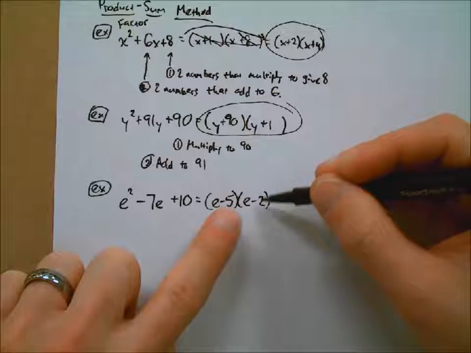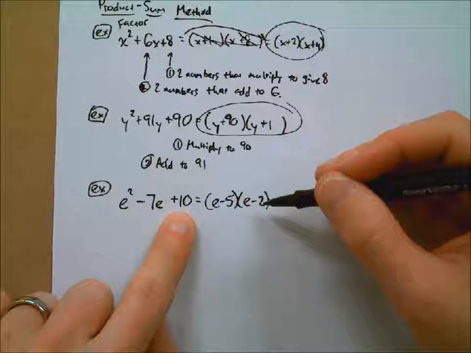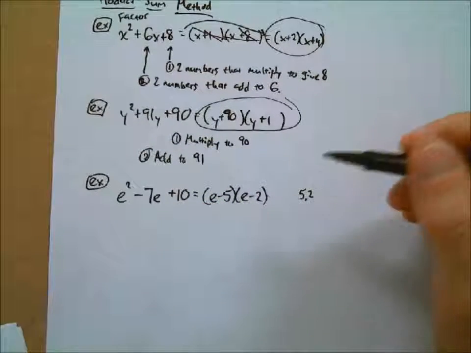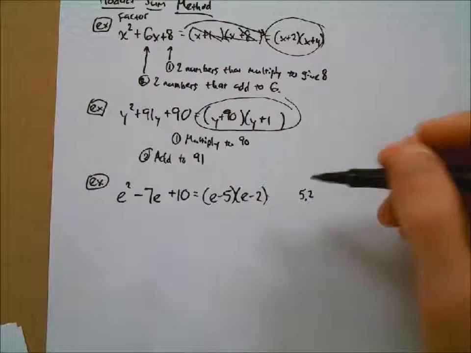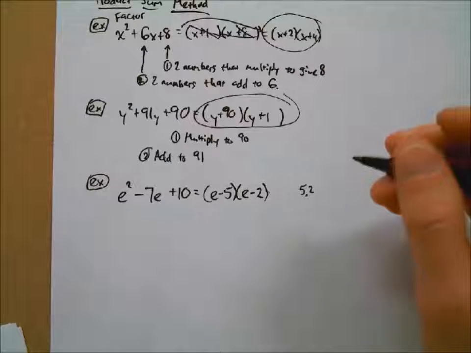If you add to a negative number but multiply to a positive number, what do you know about these two numbers? They have to be negative. Both have to be negative. Exactly right. All right, let's try another one here.